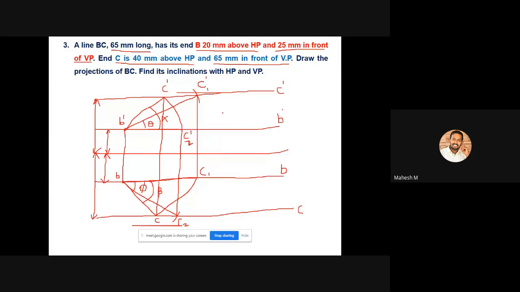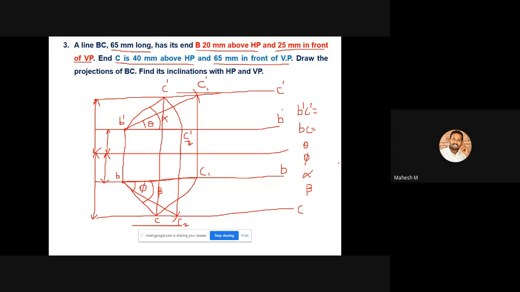At the end of this problem, you have to mention the answers: the length of B dash C dash, the length of BC, and the angles theta, pi, alpha and beta. Okay, so this is the problem.